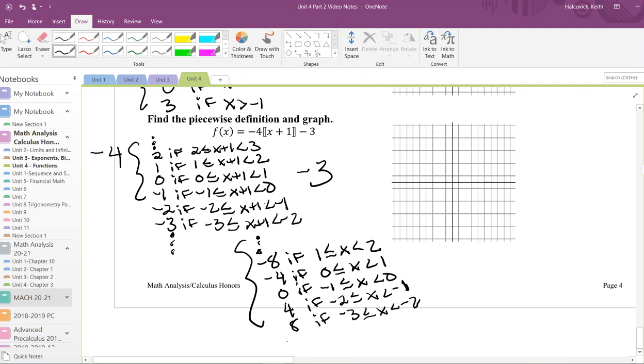And then +12 if it's between -4 and -3. And then -3.